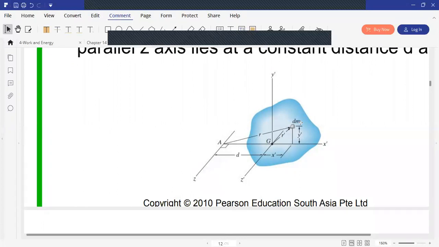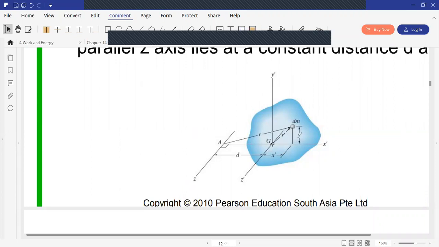The moment of inertia. The moment of inertia about which axis? Z prime. About axis Z prime. So now I can say that integral x prime square plus y prime square dm is the inertia about Z prime. Very good.